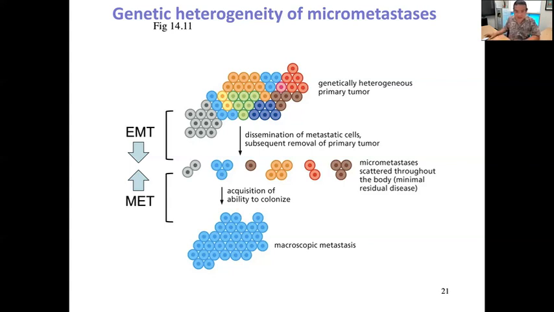And then some of these cells undergo EMT. The large tumor does the angiogenic switch. It triggers the wound healing response. And now these different cells of different subpopulations are making their way through the stroma. Maybe some of them don't, for example, the navy blue ones here or the green ones.